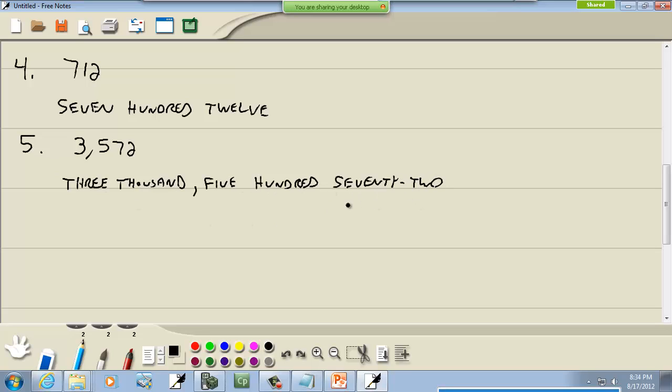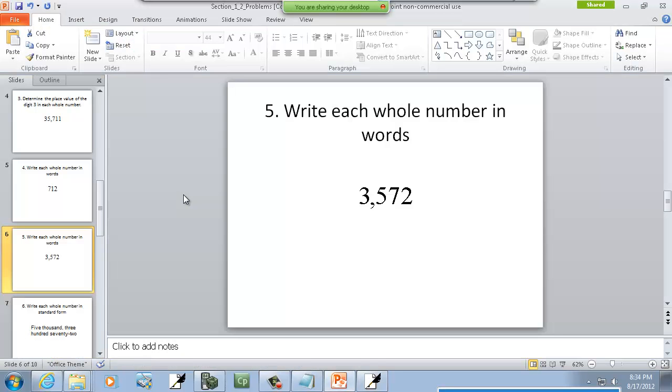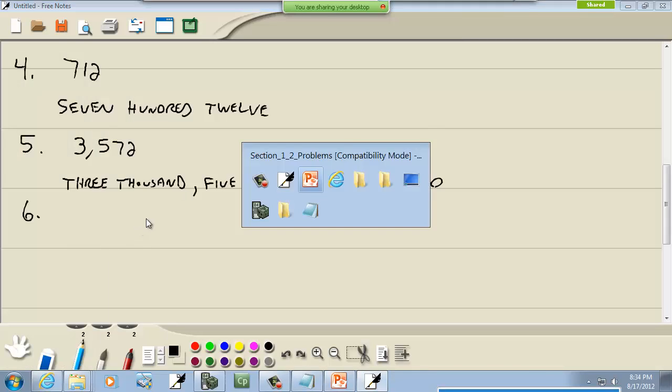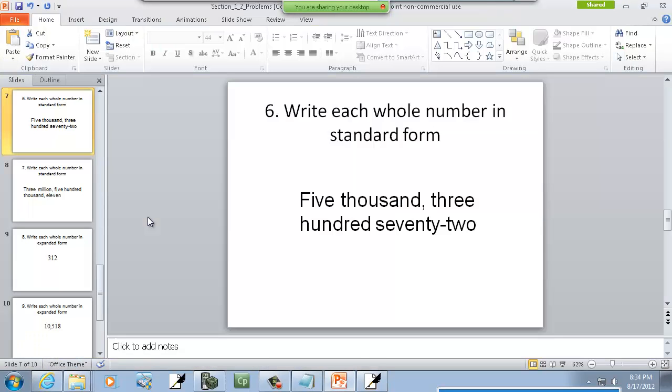So 3,572. Did they not take the check because I didn't put the comma? No, they don't care. But you have to recognize, when you've got 3,572, how do you write that in words? Very important skill you need to get. Unless you're so rich you can have somebody write your checks for you.